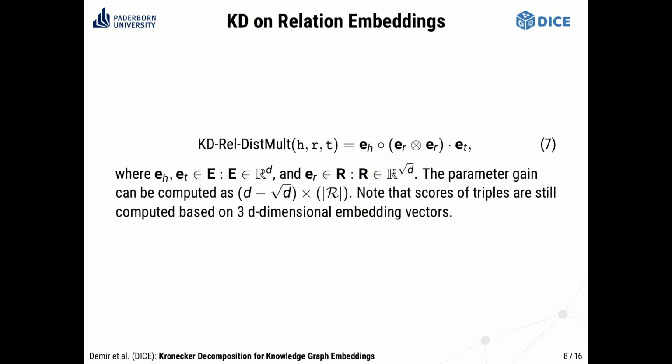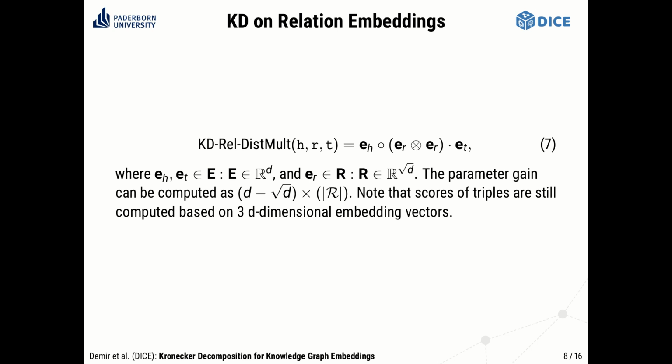To analyze this hypothesis, our conjecture, we design a model. Here in equation 7, we apply the Kronecker product only on relation embeddings. Important to note that scores of triples are still computed based on 3 d-dimensional embedding vectors.